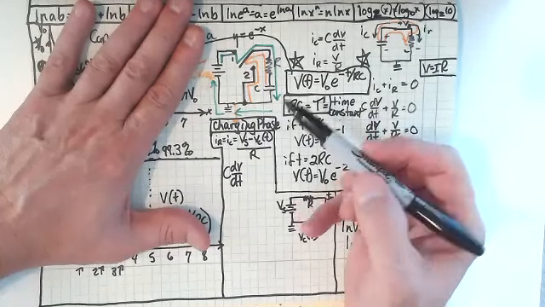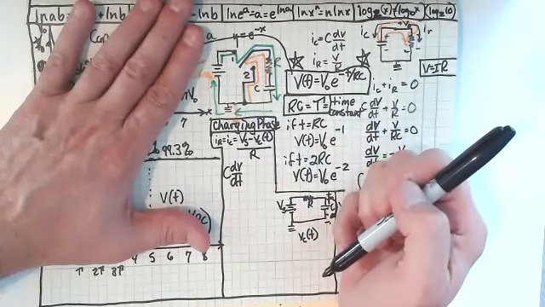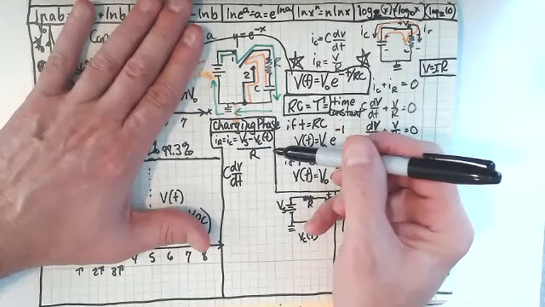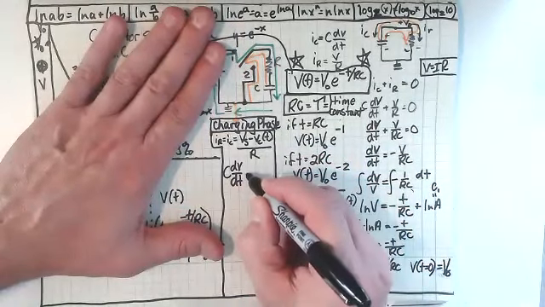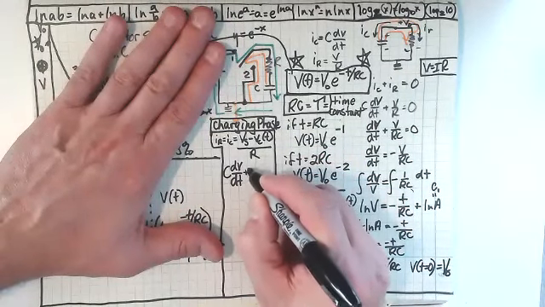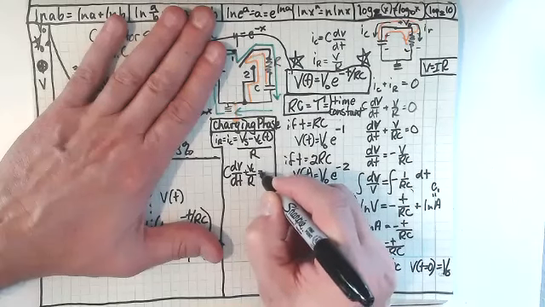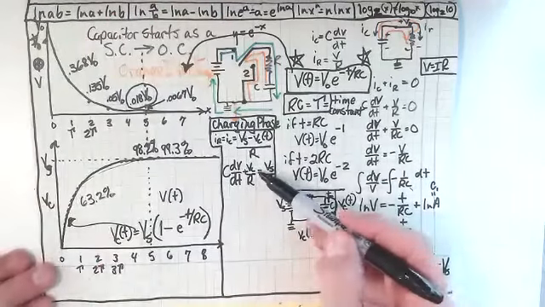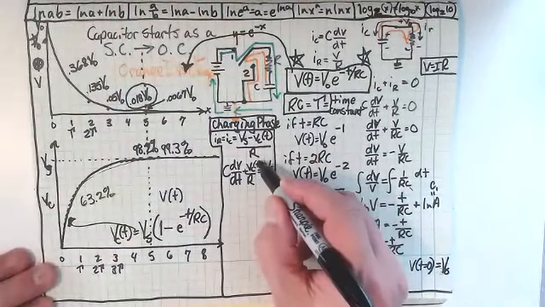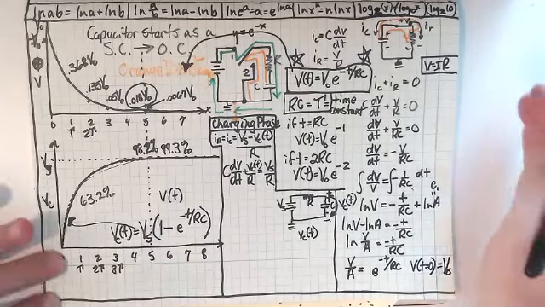Why don't I just take V of C over, that's the negative, I'll take that over to the other side, and I'll leave this one over here all by itself. So let's say this plus V of C over R equals V of S over R. I'll put the t there. There you go, V of C, the voltage across the capacitor at any point in time.